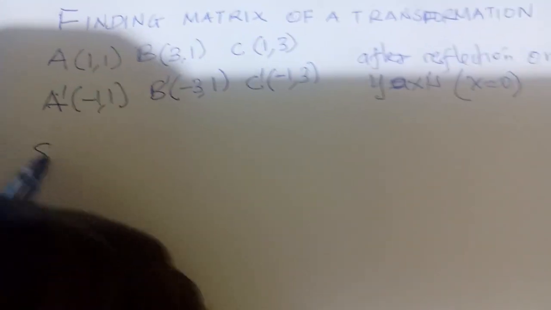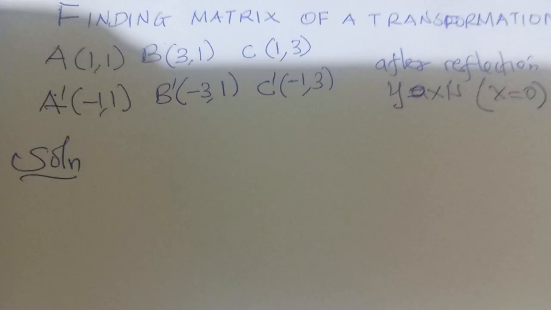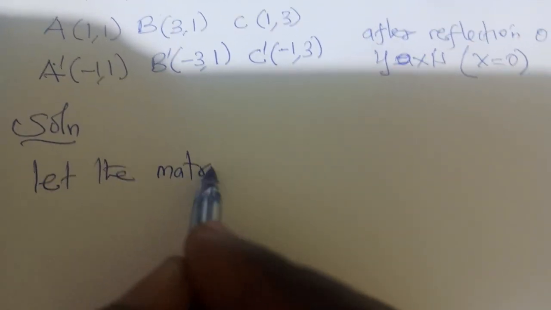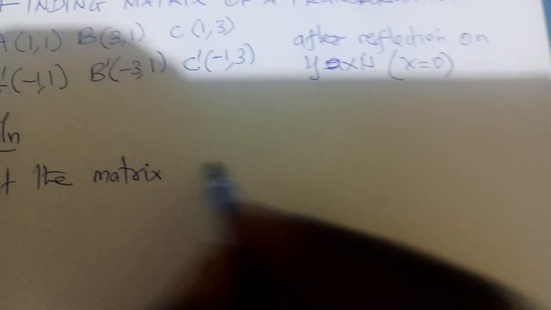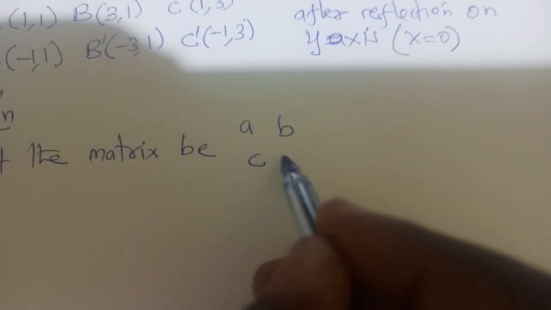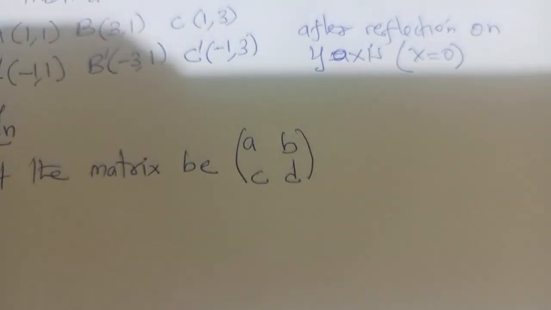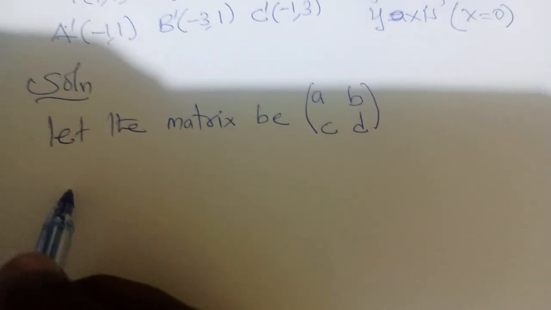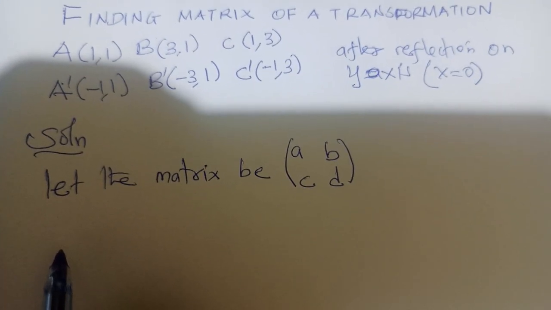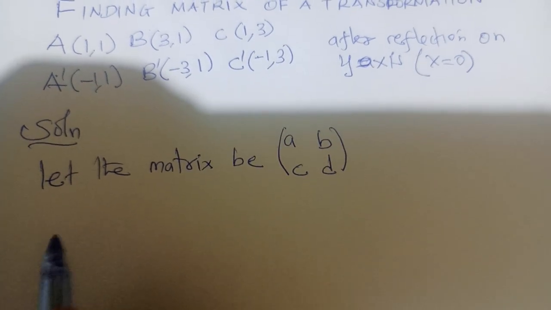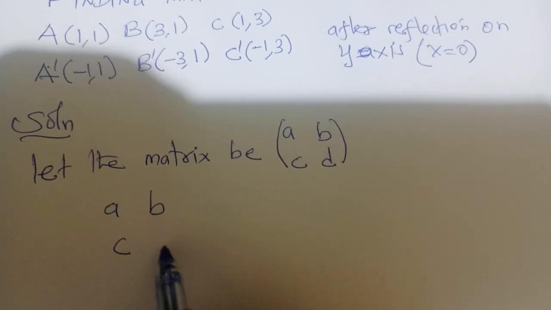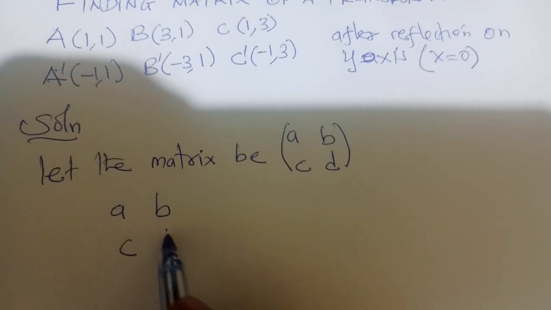In this case, to solve this, we let the matrix representing the reflection on the y-axis be, of course here we are dealing with a 2 by 2 matrix, with the elements A, B, C, D. So we know that to get the image of an object using a matrix of transformation, we always pre-multiply the object by the matrix of transformation.